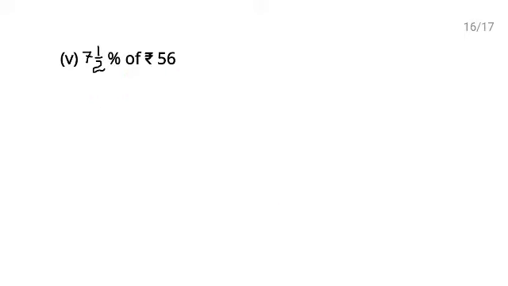Now this is in mixed fraction, fifth part. So first of all convert it into the improper. 2 7s are 14 plus 1 15 upon 2% of rupees 56. In first step we just have converted mixed fraction into the improper. Now solve it. 15 upon 2 means 15 upon 2 out of 100.